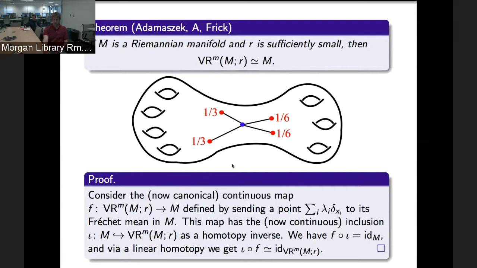Vice versa, if we start with the metric Rips thickening, take Frechet means, and then include back into the Vietoris-Rips thickening, this map isn't the identity on the nose, but we can show that we have a homotopy equivalence to the identity. And it's sort of the simplest homotopy equivalence you could hope for. It's a linear homotopy: t times one map plus 1 minus t times the other. Another improvement over Hausmann's proof is that we do now have a canonical map from the thickening down to the manifold. It doesn't depend on the choice of total order.